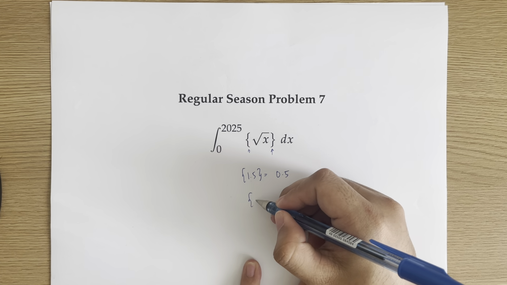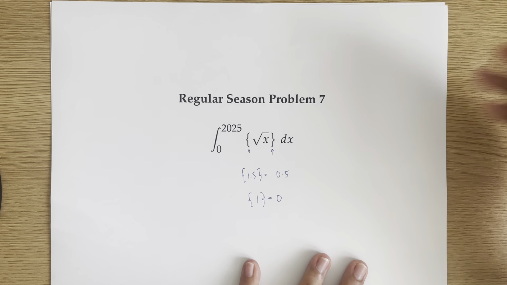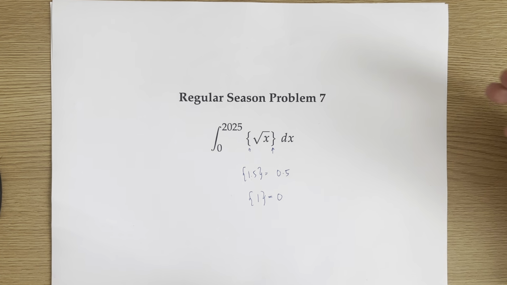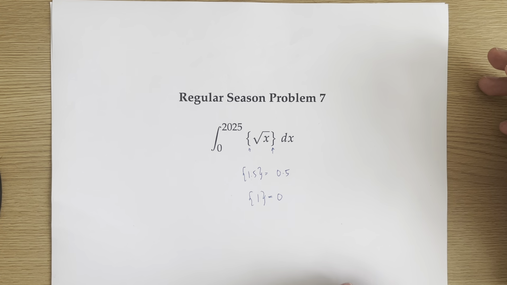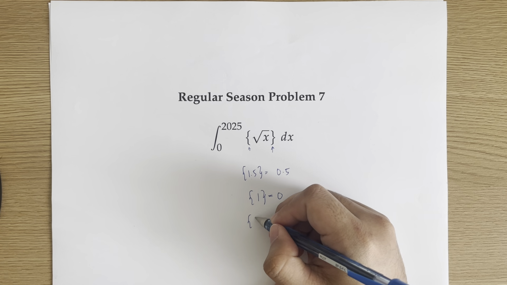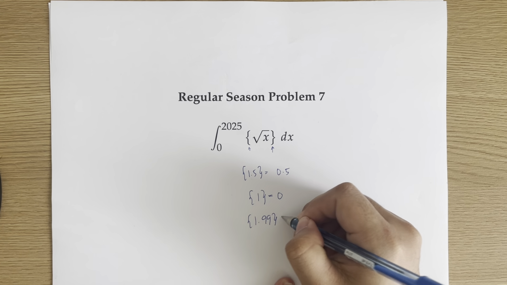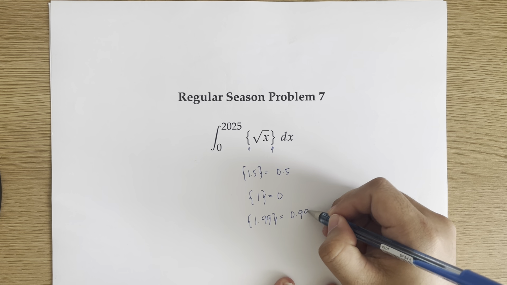Meanwhile, the fractional part of 1 is equal to 0 because it's an exact integer, so it has no excess. Meanwhile, when we look at, let's say, 1.99, the fractional part of this is 0.99.